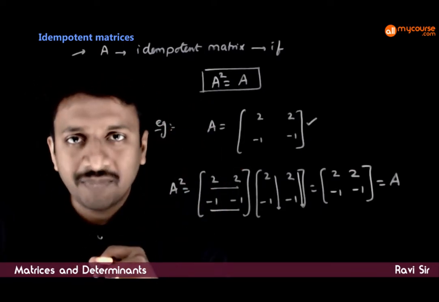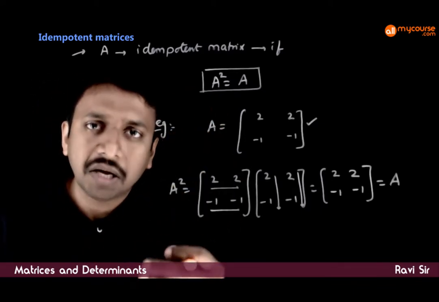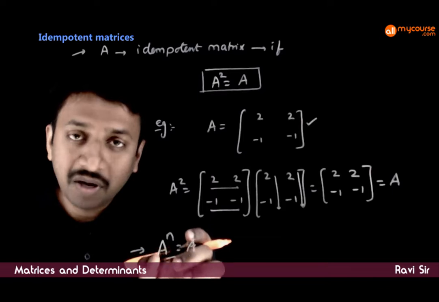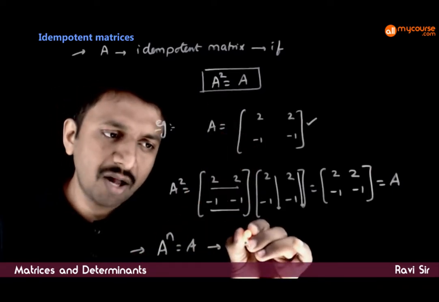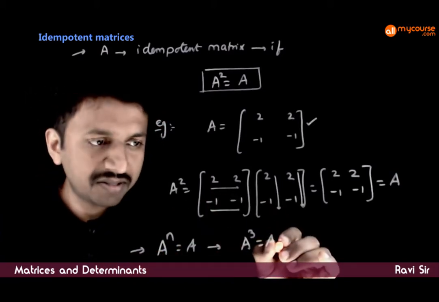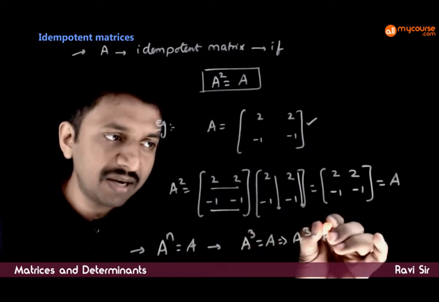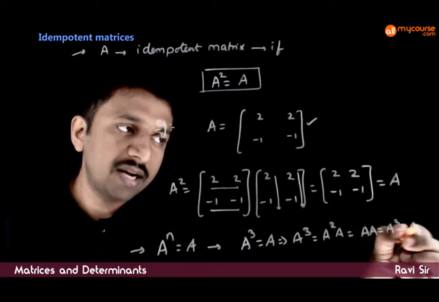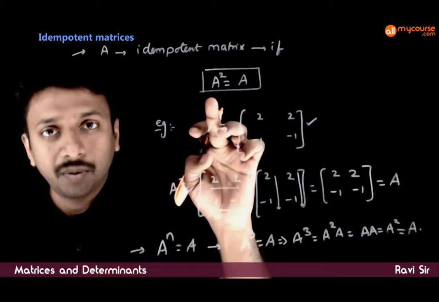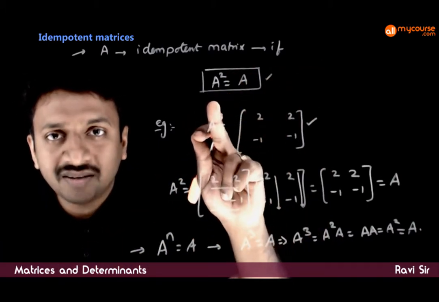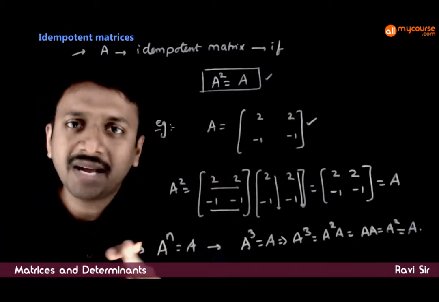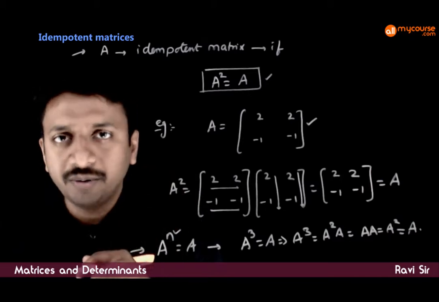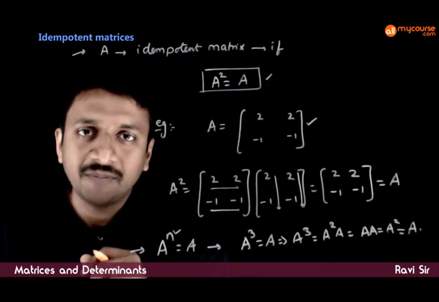So if A is an idempotent matrix, A square is equal to A. As a corollary, you can say that A to the power any number is equal to A. For example, A cube is nothing but A square times A. A square is equal to A, so this is A times A, which is A square, again equal to A. So by simple extension, A power any natural number is always equal to A. This is the basic definition of an idempotent matrix.